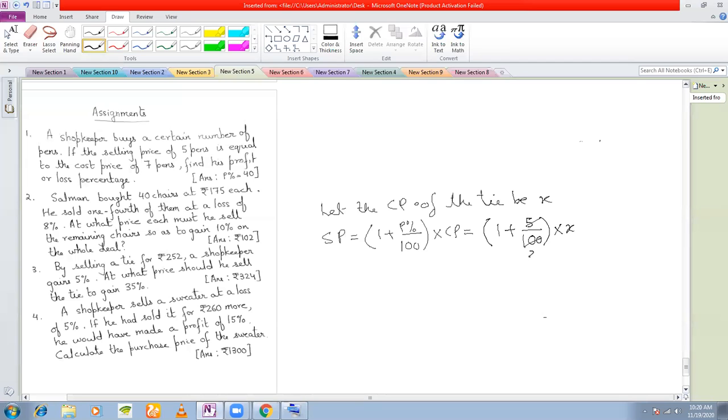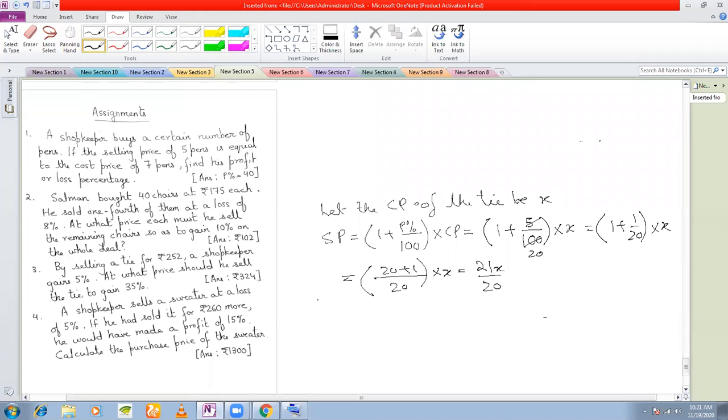So cancel this. You get 1 plus 1 by 20 into x. You get 20 plus 1 into x, so this is 21x by 20.